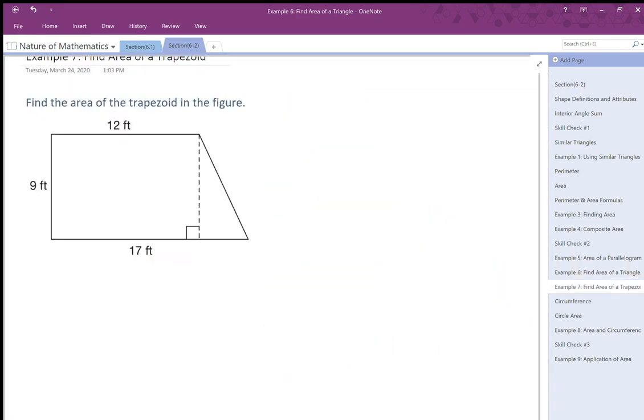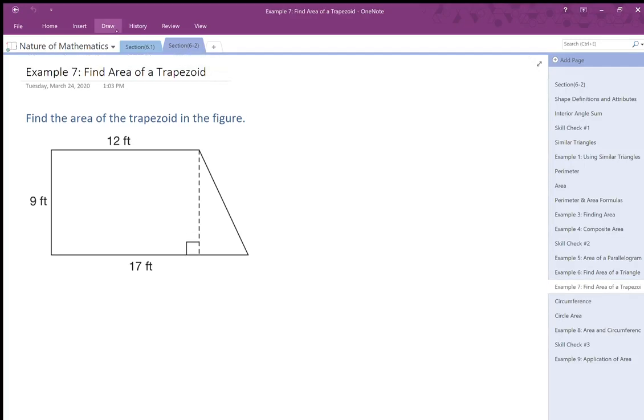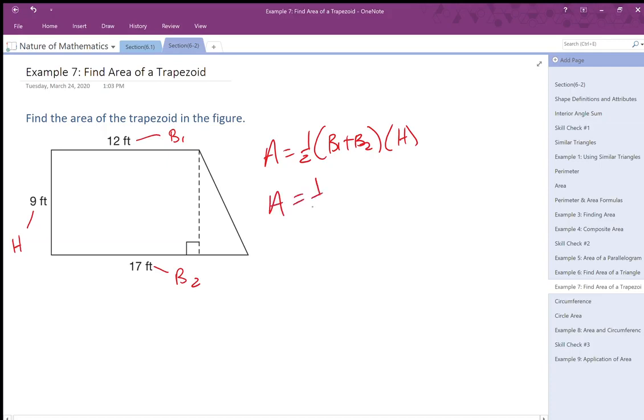Find the area of the trapezoid in the figure. So we have to remember we have two bases. Base 1, base 2, and this is our height. Area is 1/2 the sum of the bases times the height. Area is 1/2, 12 plus 17 times 9.